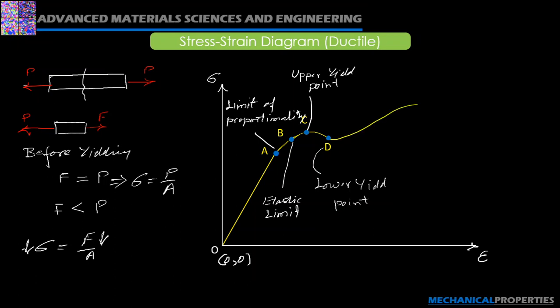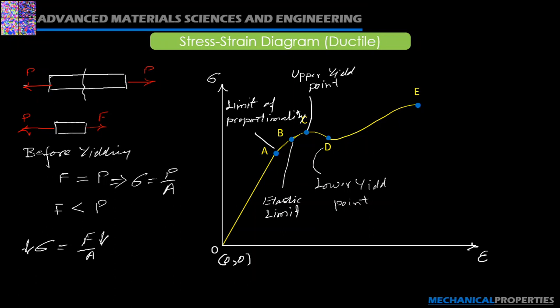Now from now onward, on further application of the force till point E, the stress starts increasing, and this is because of the phenomenon known as strain hardening. Again, this is caused by the dislocation of the molecules within the structure. Previously the resistive force was decreased because of the increase of the distance between the molecules.